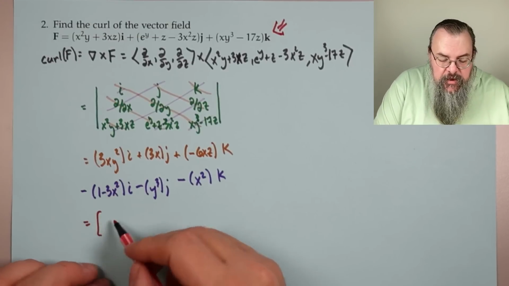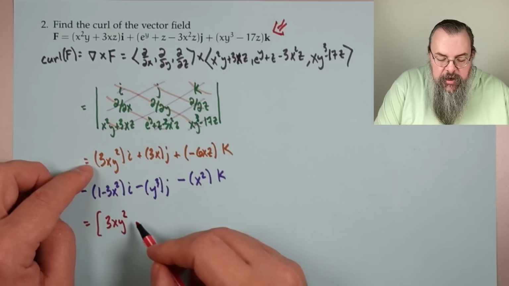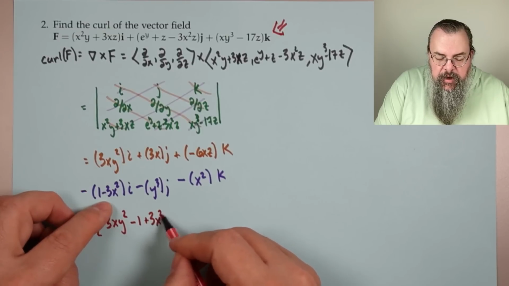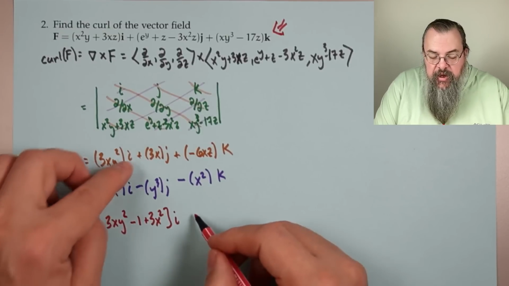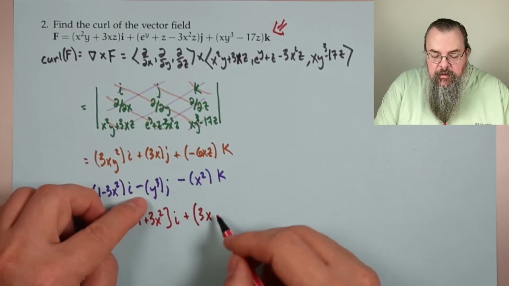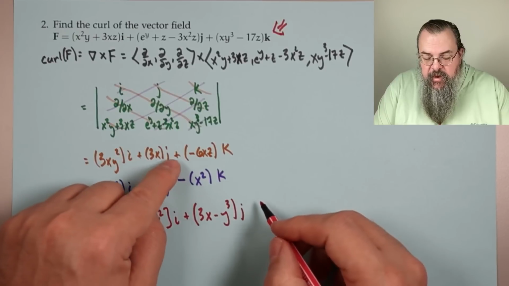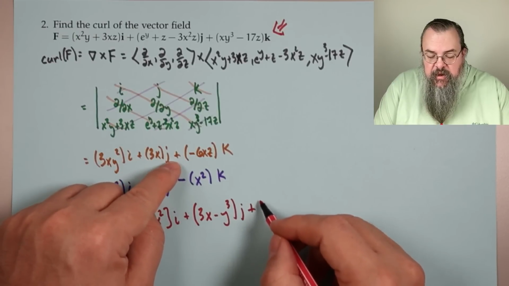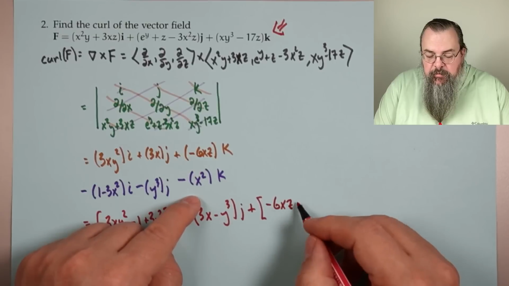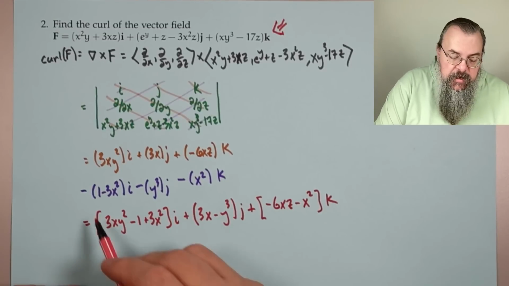In the i, we have 3xy squared minus 1 plus 3x squared, plus our j, 3x minus y cubed j. And then plus, minus 6xz minus x squared k.